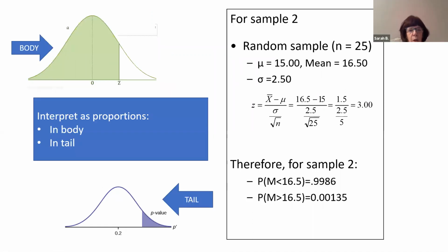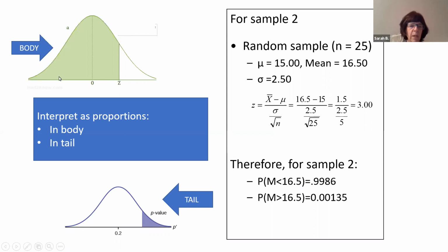So we've covered in part 1 the proportion of values in the body, which is the major section, usually including one tail.